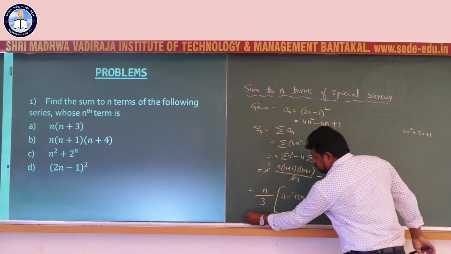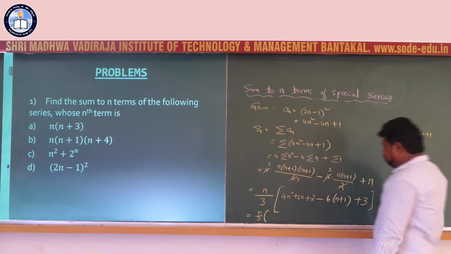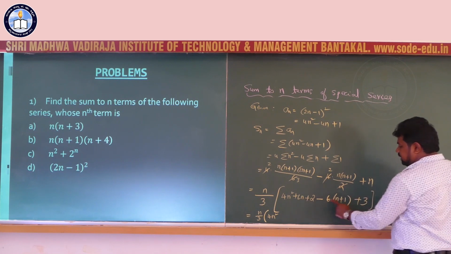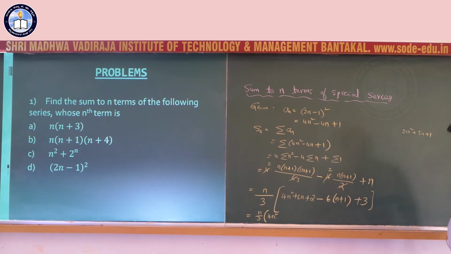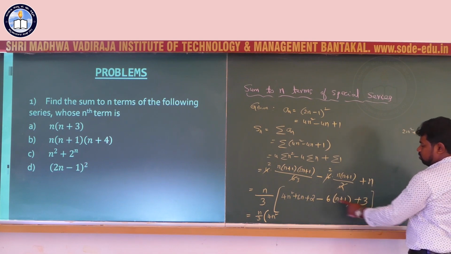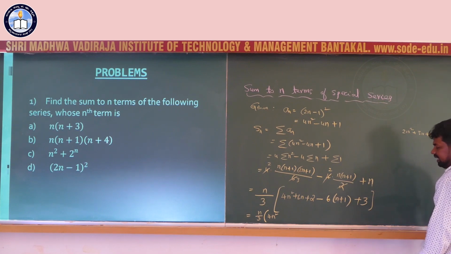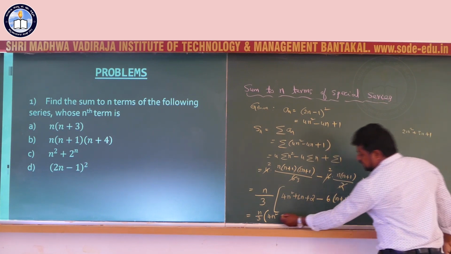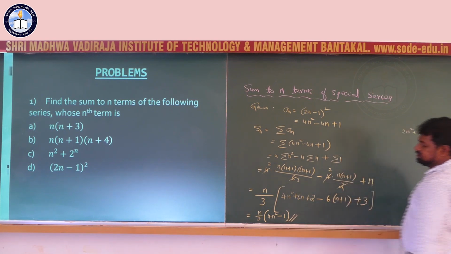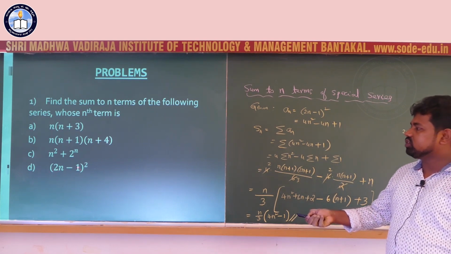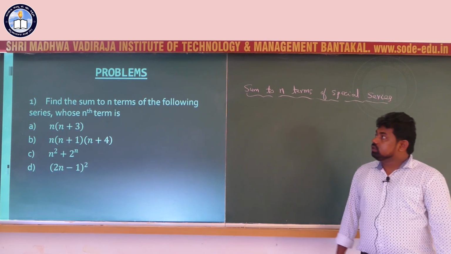That is equal to n by 3 into 4n square plus 6n minus 6n cancel, 2 plus 3, 5, minus 6, plus 1 minus 6. So that is minus 1. That is the answer. n by 3 into 4n square minus 1. That is the sum to first n terms of the series whose nth term is 2n minus 1 whole square. Next problem.